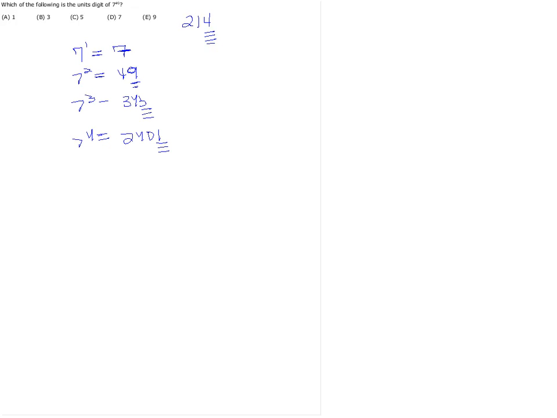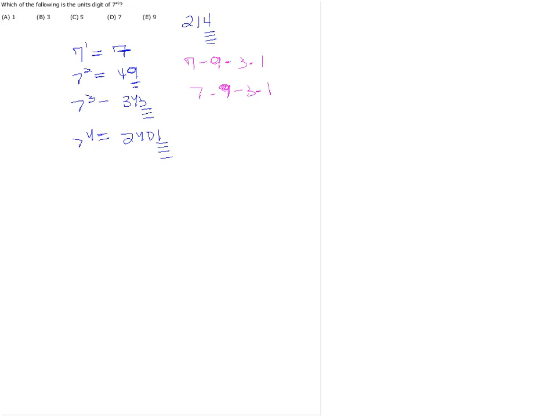And I'm going to stop right there, guys, because you're going to take my word for it that if we continued to raise 7 to higher and higher powers, the pattern repeats itself on to infinity. You will continue to see the units digits following this pattern. And that's nice because anything that's a constant is something that we can exploit.